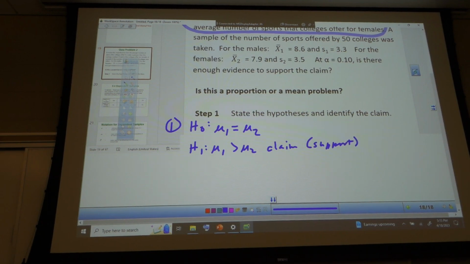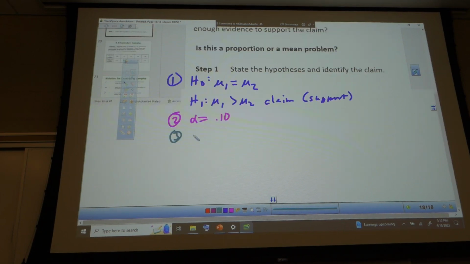Step 2. Alpha is 0.10. Step 3, I'm going to do a test. What kind? I have two samples. Two-sample t-test, because it's a mean.